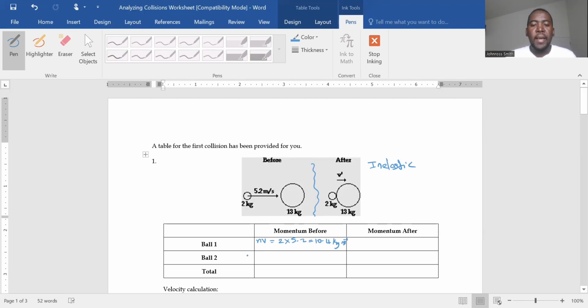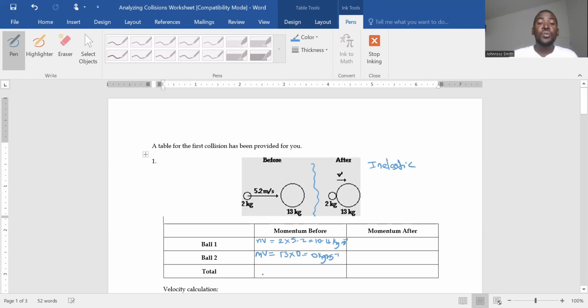And then after collision, we're going to leave that. So let's do before collision for the second ball. It's also mass times velocity. In this case, the mass is 13 and the velocity is 0 because it's not moving. So that is 0 kilogram meters per second.